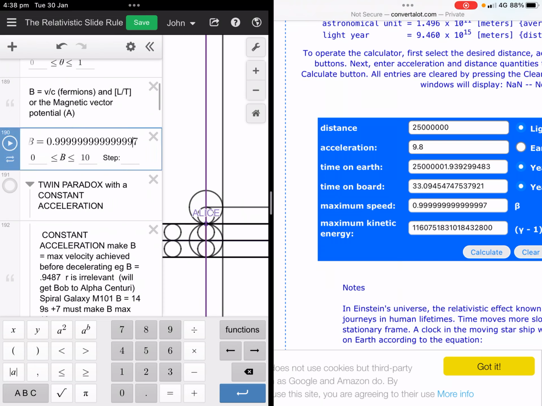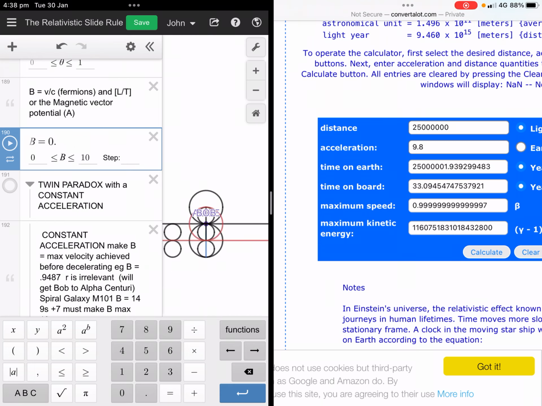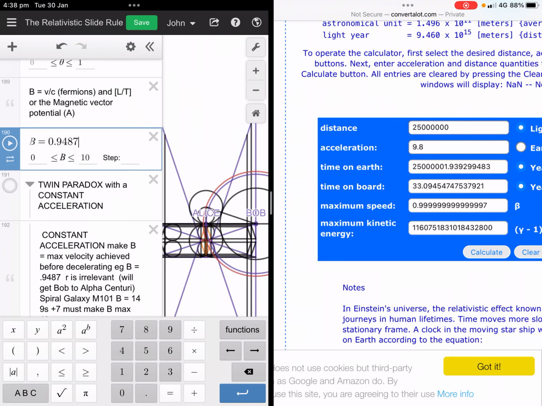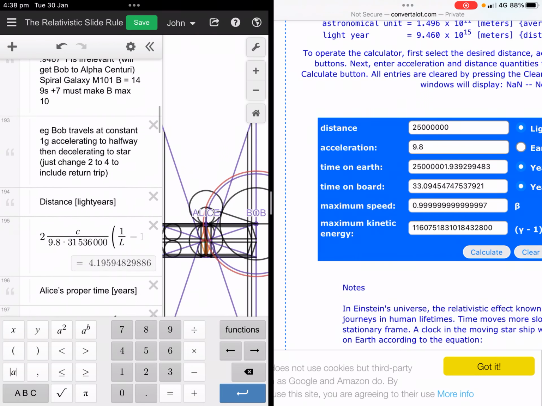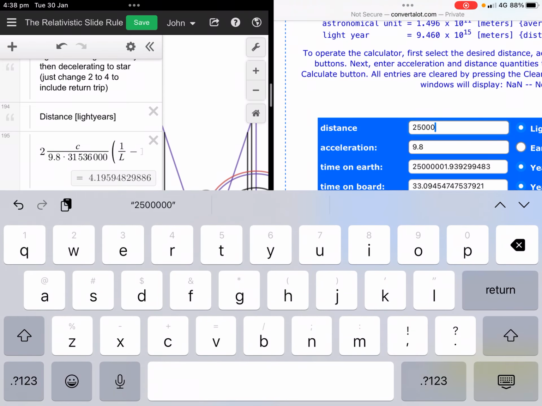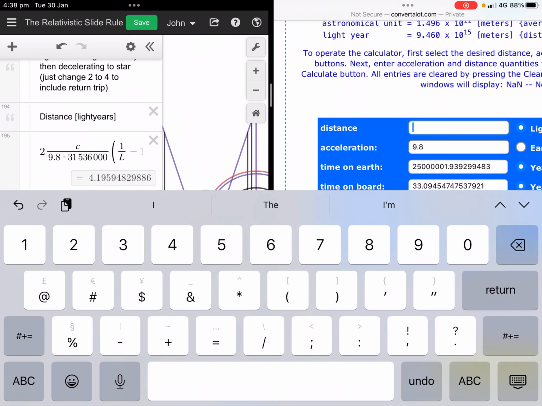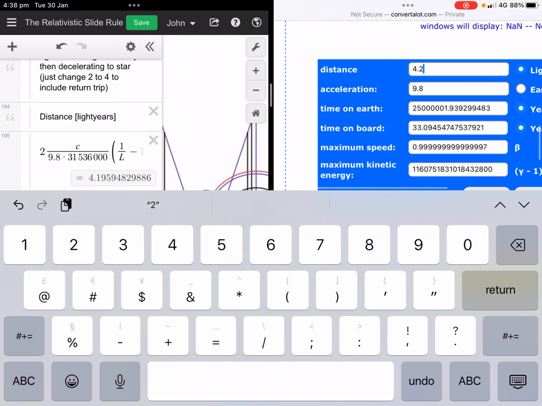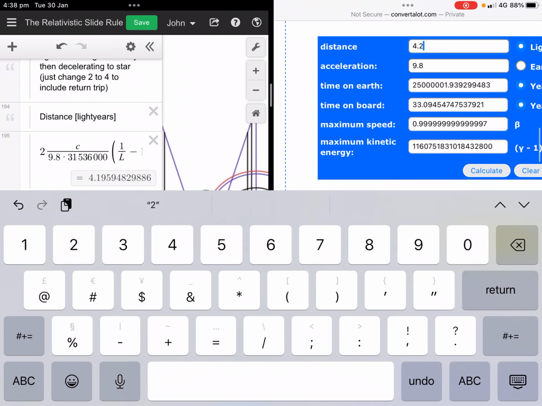Let's say one more. Let's say you want to get to Alpha Centauri, which is about 4.2 light years away. That's 4.2, travelling at 9.8 acceleration the whole way.